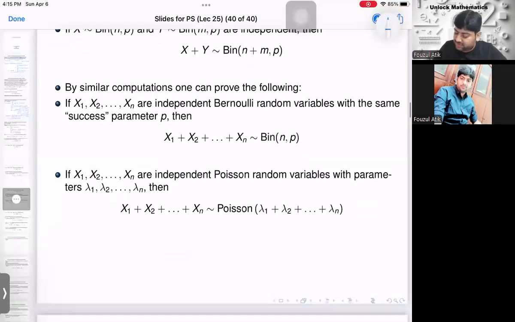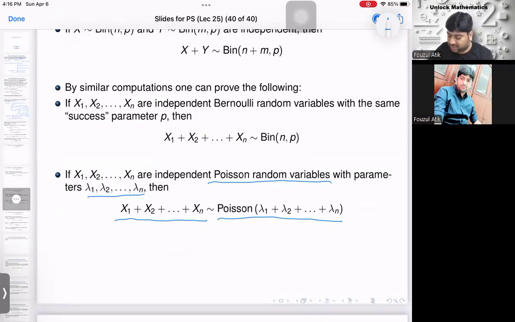Then the next is, if we have X1, X2, ..., Xn Poisson random variables with parameters lambda 1, lambda 2, ..., lambda n, and they are independent, then their sum is a Poisson random variable with parameter lambda 1 plus lambda 2 plus ... plus lambda n. So you should know what the sum of the individual independent random variables is.